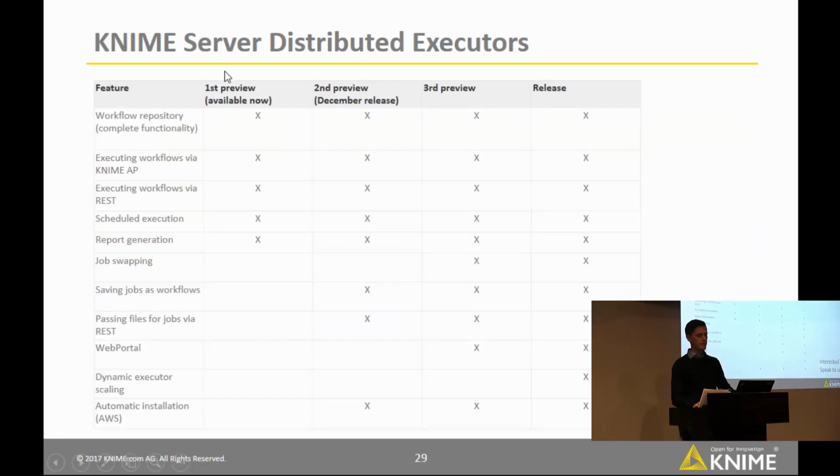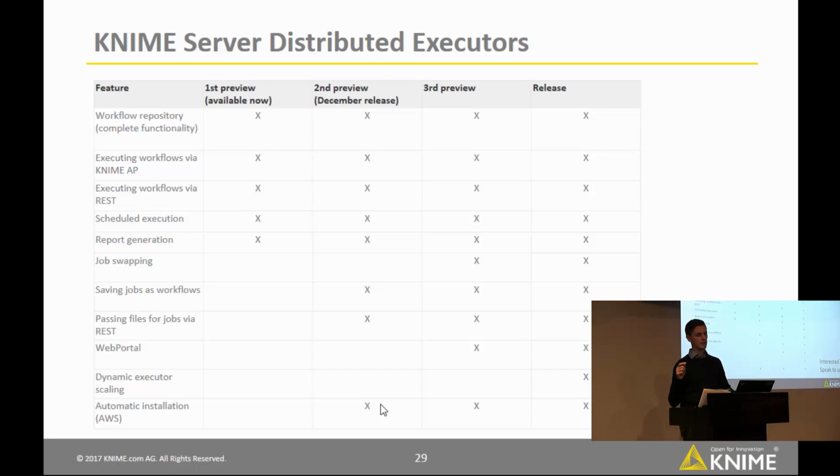So far, there's a first preview available with some limited functionality from the current KNIME Server implemented. In the December release, we'll be able to put out a nearly feature-complete version of the KNIME Server. And the interesting addition there is the automatic installation. We'll provide that as Amazon CloudFormation templates.